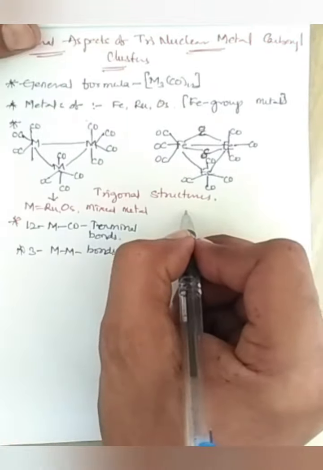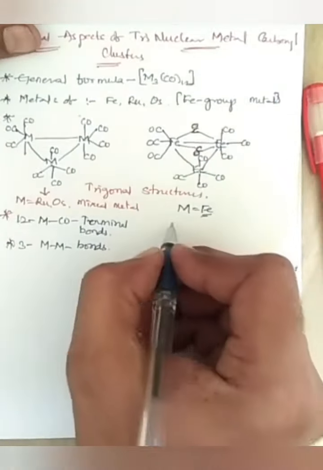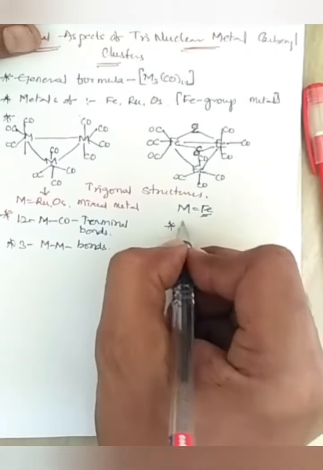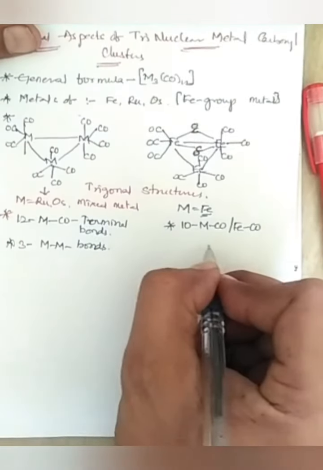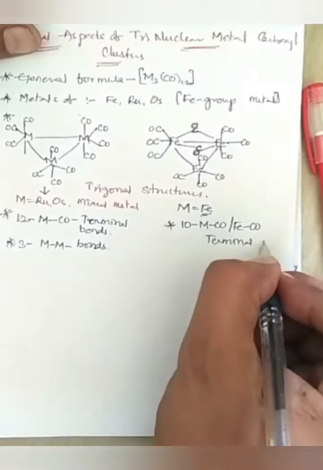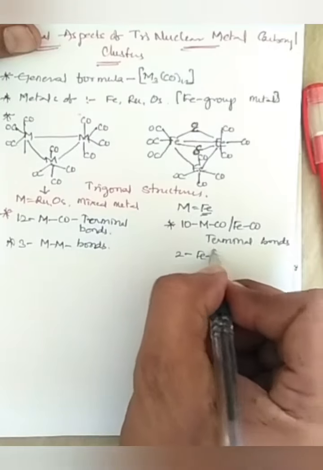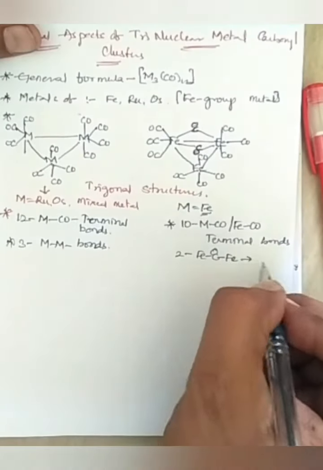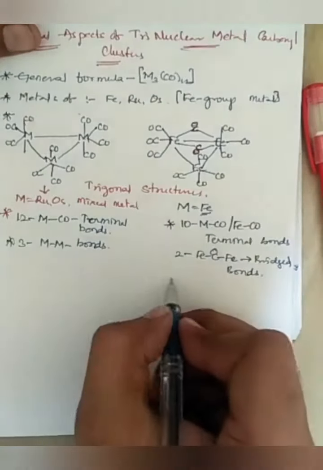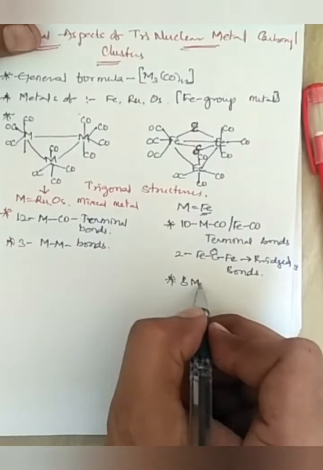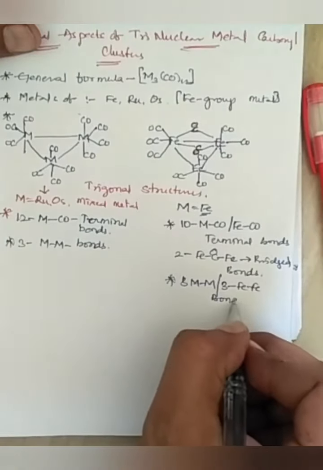When it comes to the iron structure, in this case it has 10 iron to carbonyl terminal bonds and 2 iron to carbonyl iron bridged bonds, and the same 3 iron to iron bonds will be there.